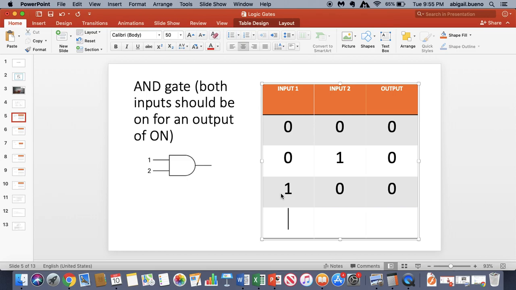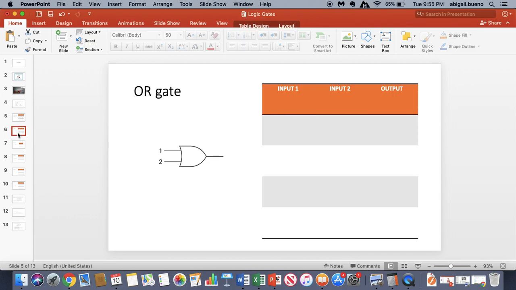Then let's have input 1 as 1, input 2 as 1. What will be the output? The output will be 1 because both inputs are turned on. So this is the truth table for an AND gate. Remember the symbol.